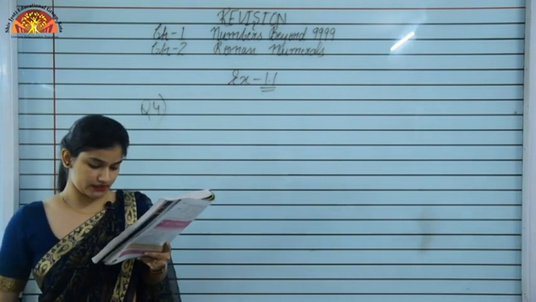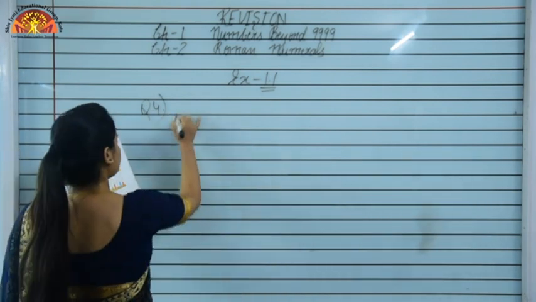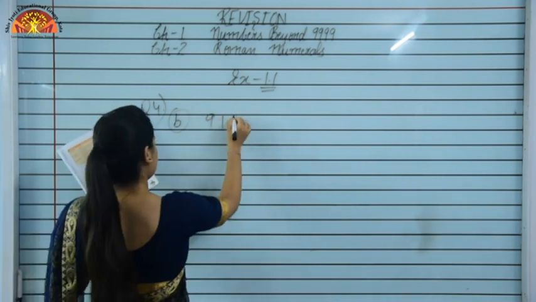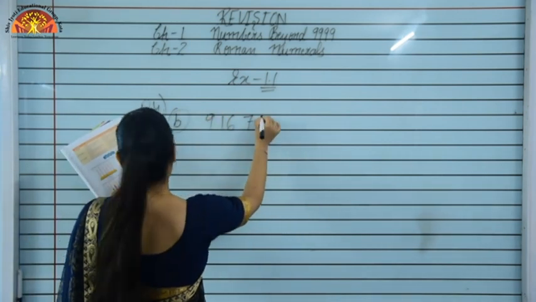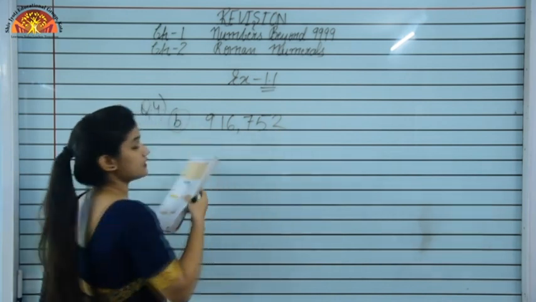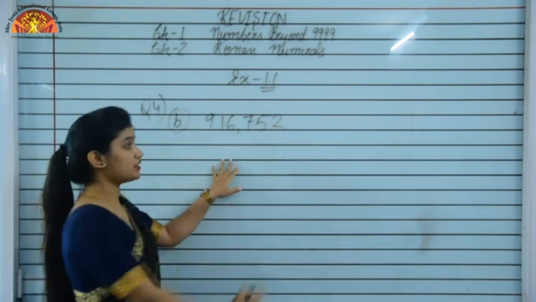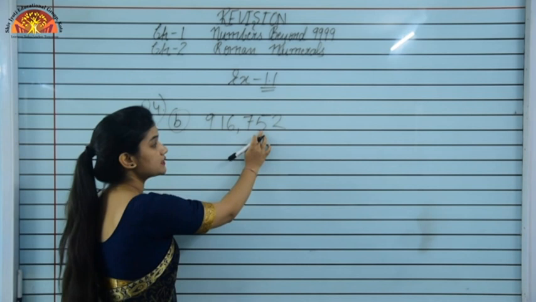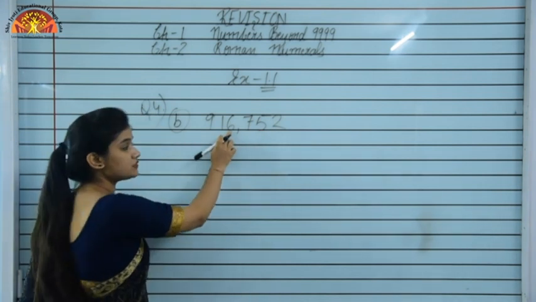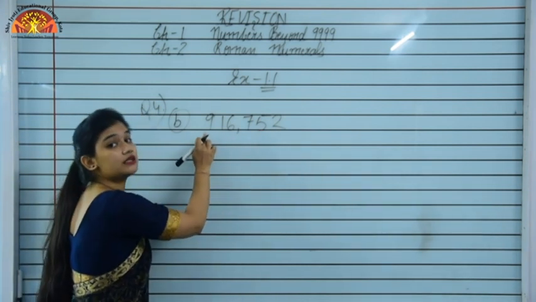And the next part is B part. According to the international number system, first will come ones, tens, hundreds, thousand, 10,000 and then 100,000.